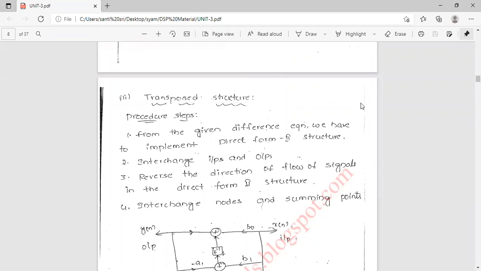So let us take the direct form 2 structure. Interchange inputs and outputs. Then the third one is to reverse the direction of flow of signals in the direct form 2 structure.